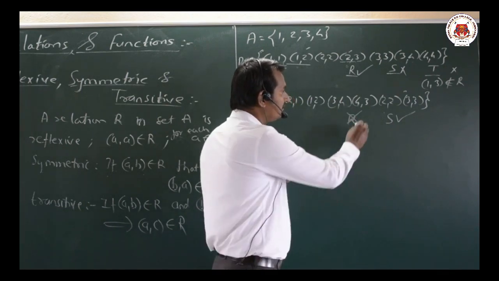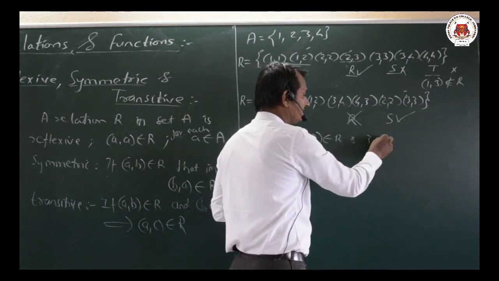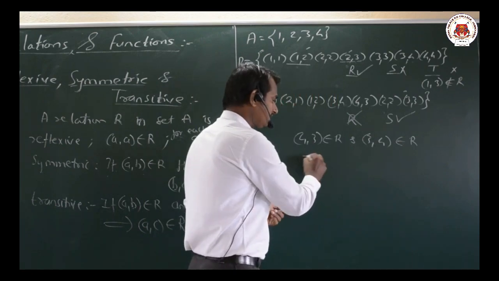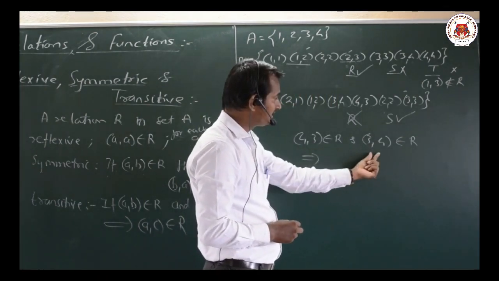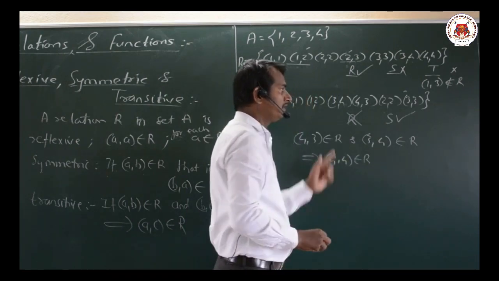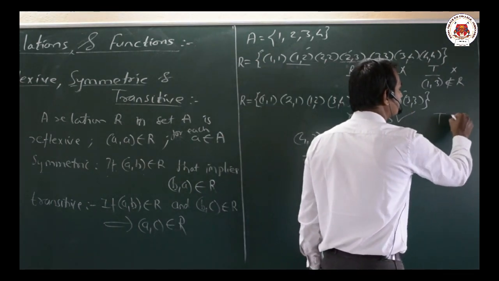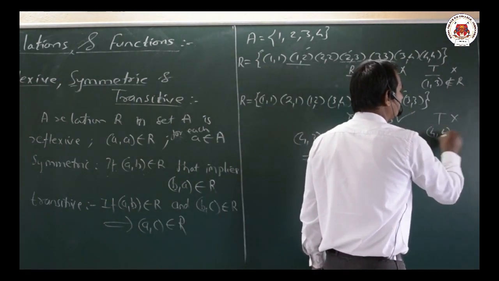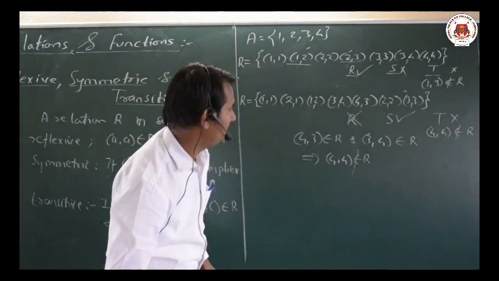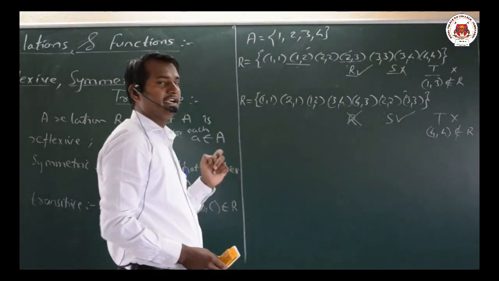See here, observe here, we are having (4,3) belongs to R and (3,4) belongs to R. That implies we should have (4,4) also belonging to R, but it is not there. Therefore it is not transitive because (4,4) does not belong to R. It is a very simple example related to our three properties, that is reflexive, symmetric and transitive.